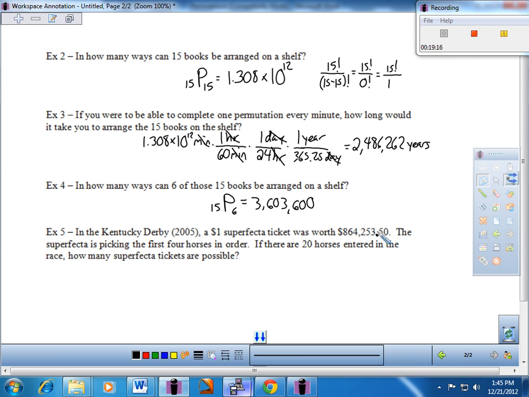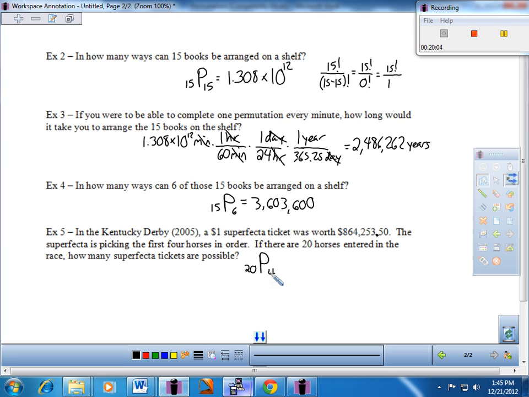And so this happens to be, when we look at it, a permutations problem, because I have a set of 20 horses, and we're looking for how many different ways you can arrange 4 of them at a time. First place, second place, third place, and fourth place. An arrangement of 4 horses out of the set of 20. And so it's 20P4.